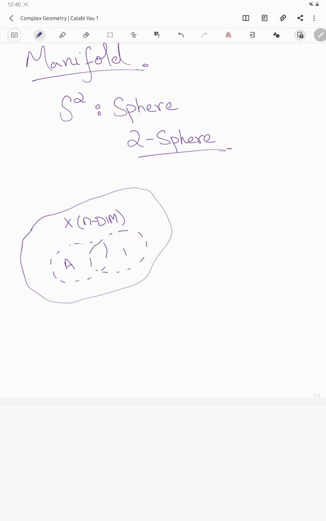Let's call this one A and this one B, and this whole thing would be A union B. Now, on each of A and B, we have a map, let's say phi A from A to the n-dimensional real space Rn, and likewise for B we have phi B that takes B to some n-dimensional real space Rn.